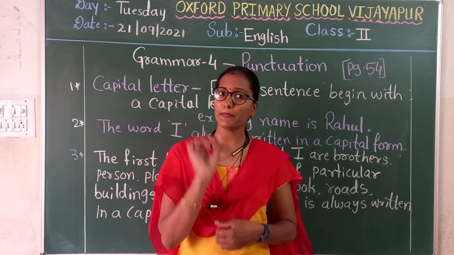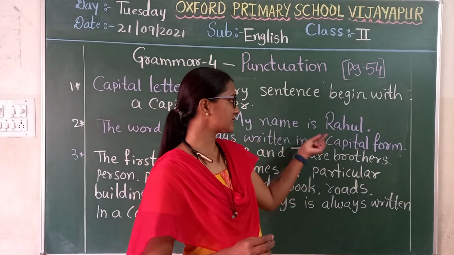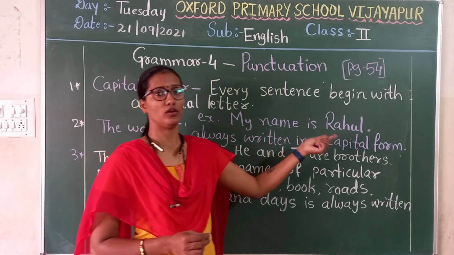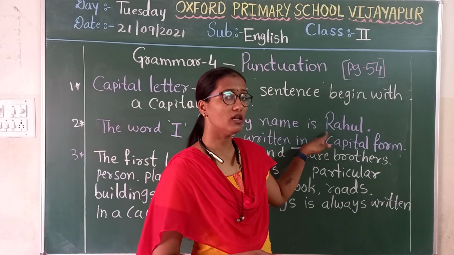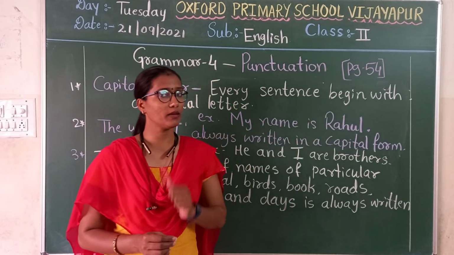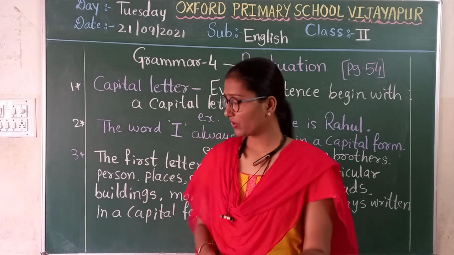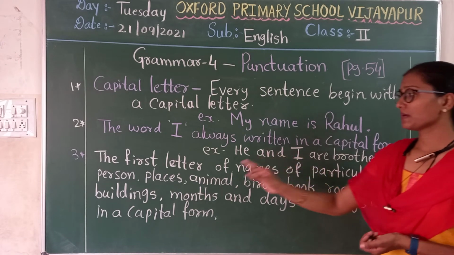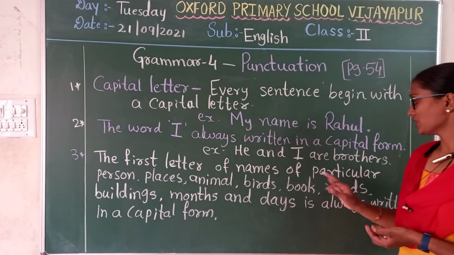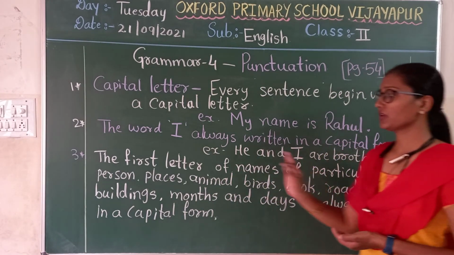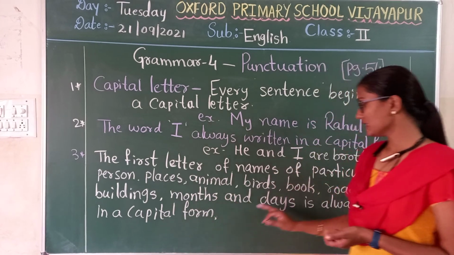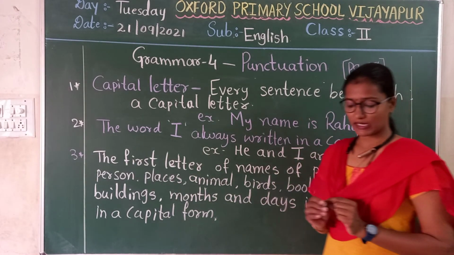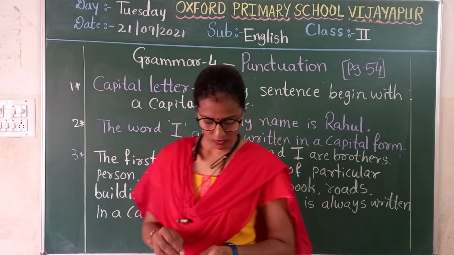The names of a particular person, as I said, my name is Rahul. R I have written capital because it is a particular name of a boy. Okay, the particular name of any place, person, animal, bird, book, road, building, month and day is always written in a capital form.